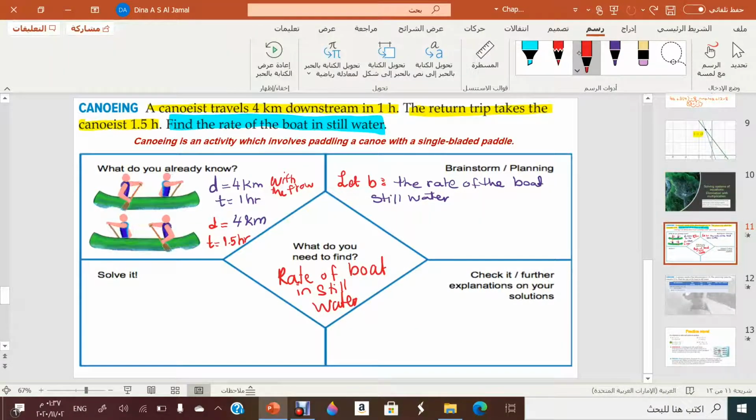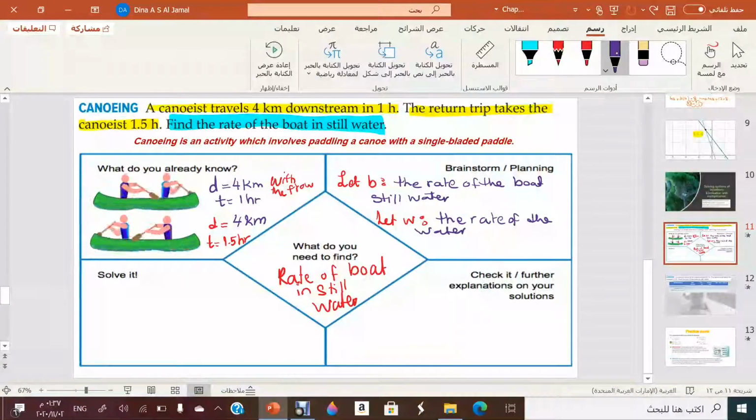Then let W be the rate of the water. Now, let's think of it. Whenever you are traveling, going, you will be going with the flow.